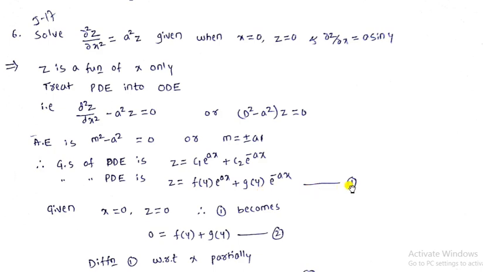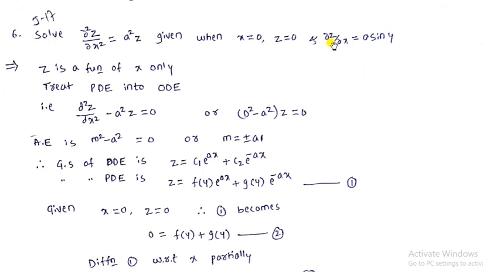Say equation number 1. Now we use the condition x = 0, z = 0 in equation number 1. So z is 0 and x is 0, and e^0 is 1, so f(y) + g(y) = 0, say equation number 2.